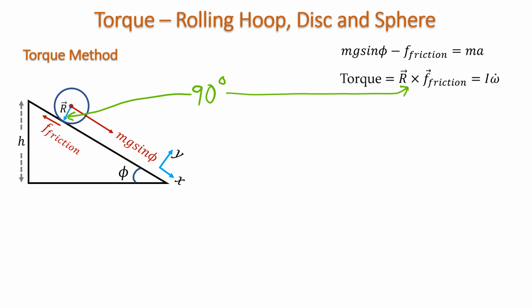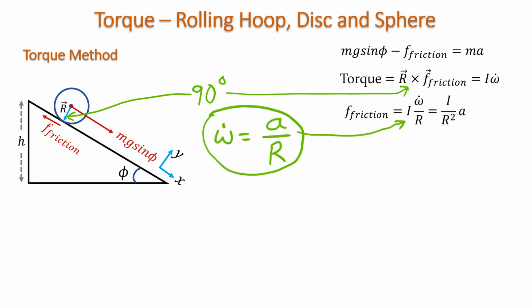In friction force equation, we can substitute the angular acceleration with linear acceleration. In previous slide, we derived this relation. So now the first equation reduces to this equation with a bit of algebra.